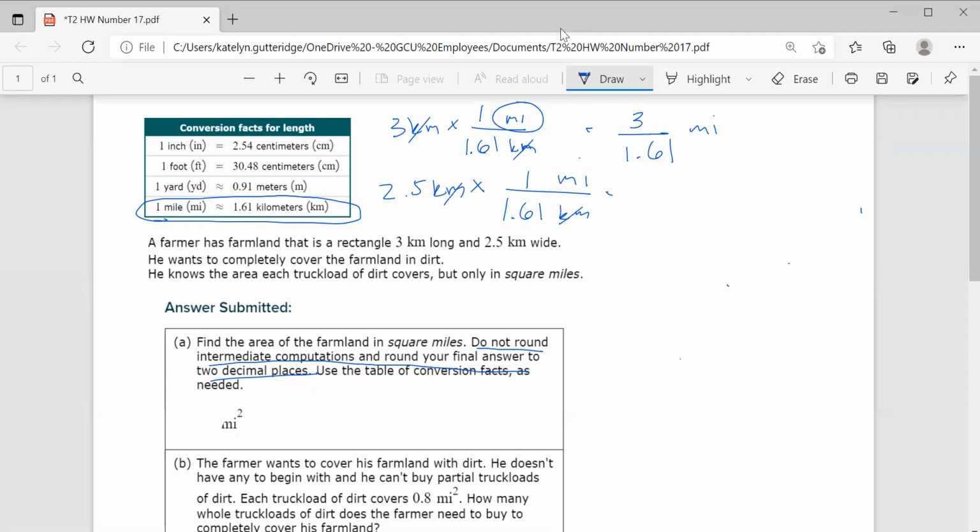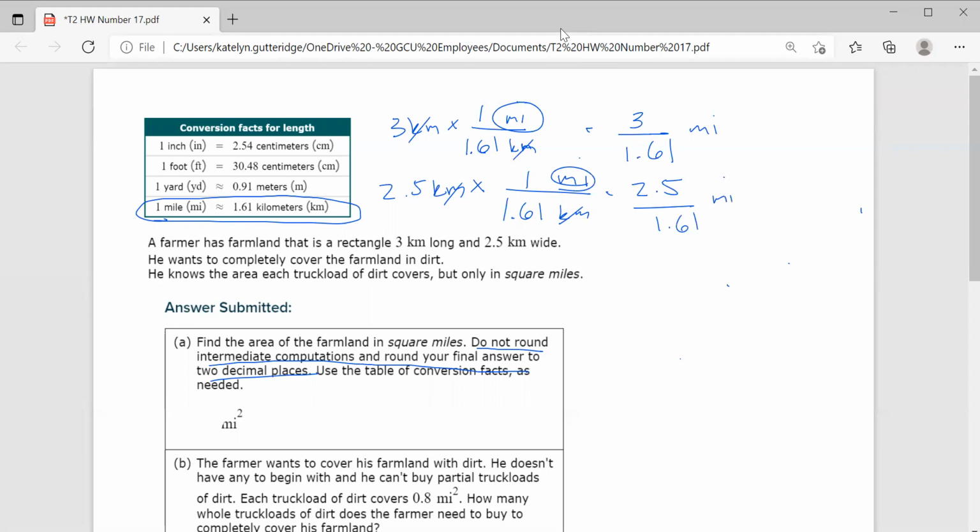The kilometers cancel, so I'm left with 2.5 over 1.61 miles. Now we have our length and our width represented in miles instead of kilometers. So now we can calculate the total area, and this will give us our total area in miles squared.